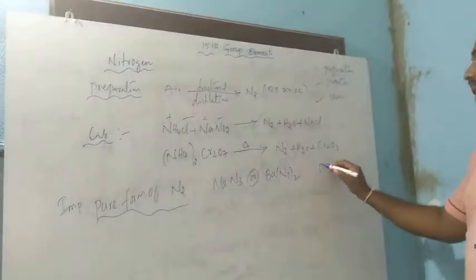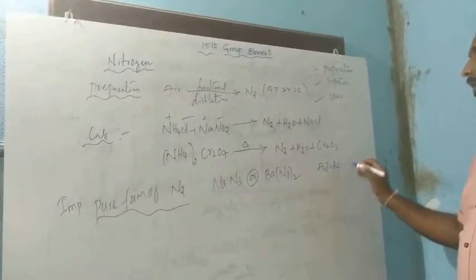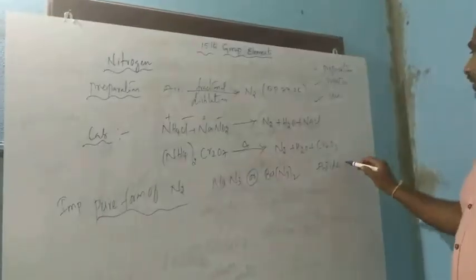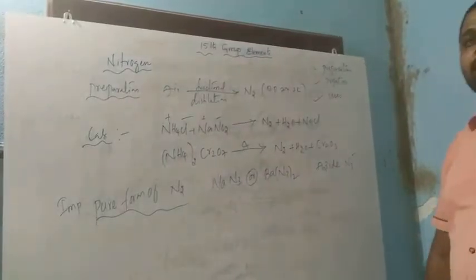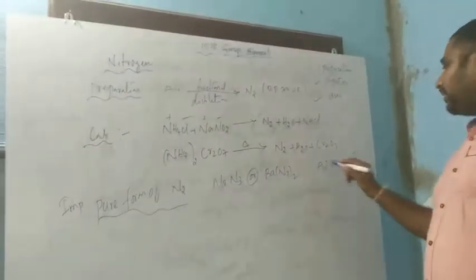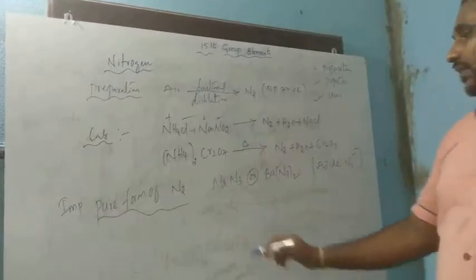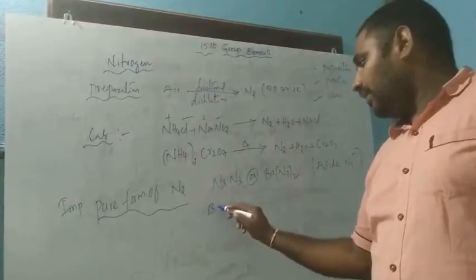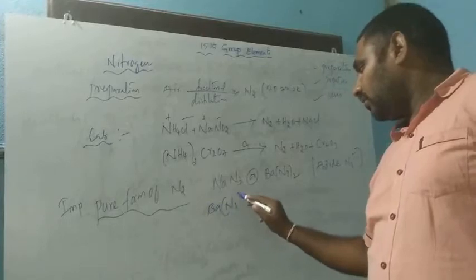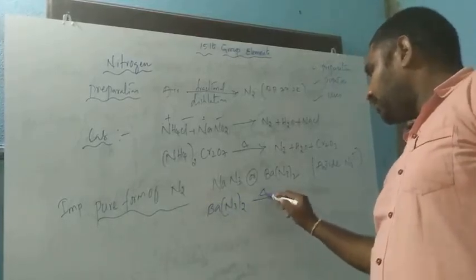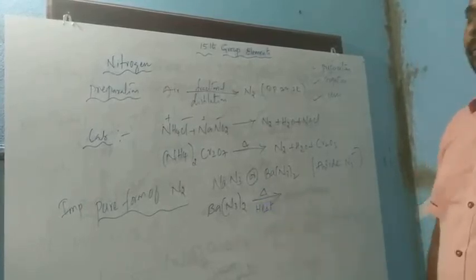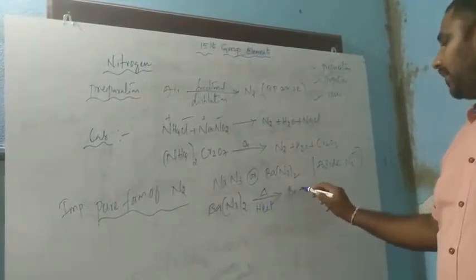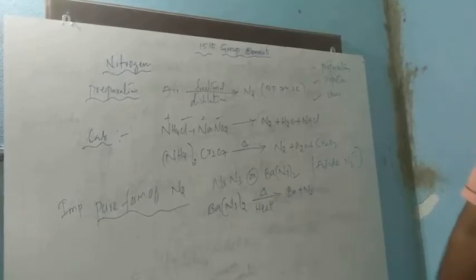Azide means N3-. Nitride means N3-... azide means N3 minus. When barium azide undergoes thermal decomposition, that means on heating, we get Ba plus N2. This is one of the pure forms of nitrogen.